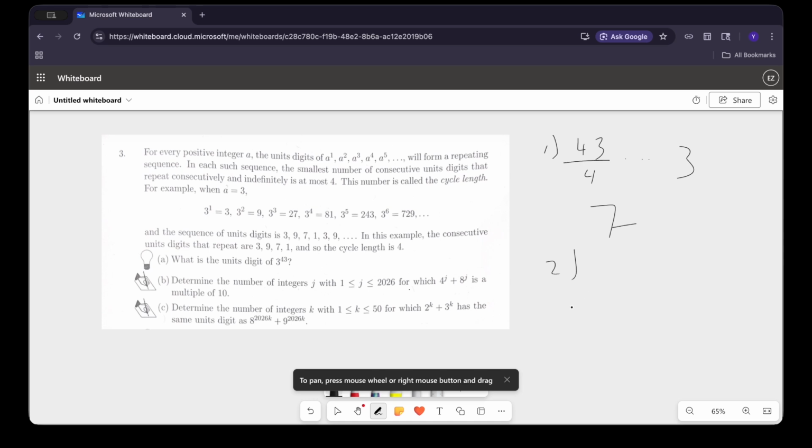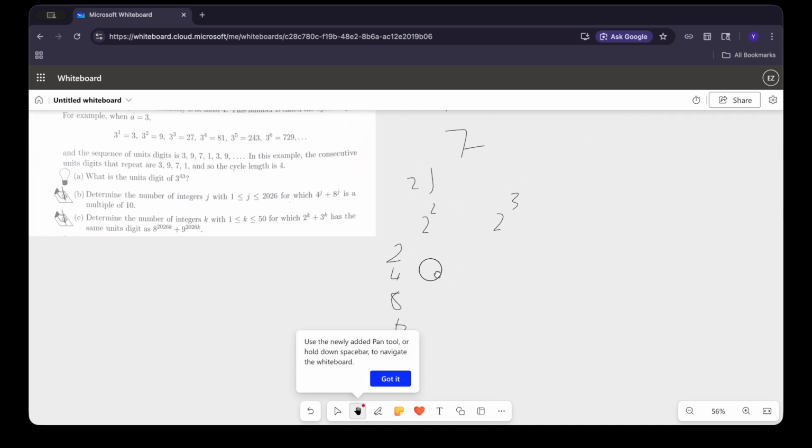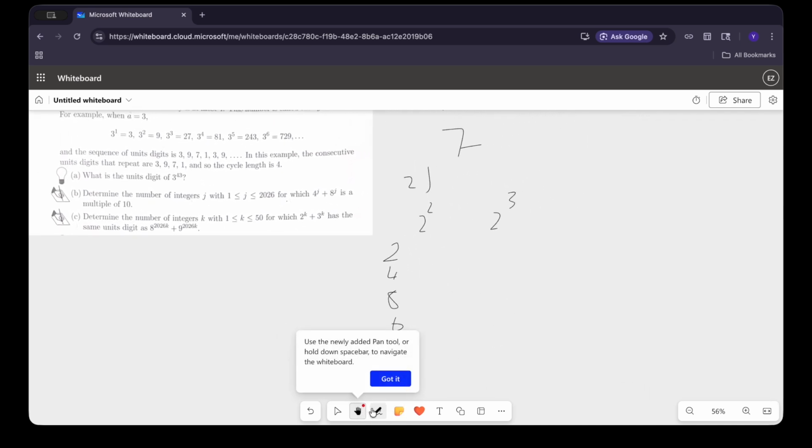The first thing first, we factor out the 4 and 8. So 4 is 2 to the power 2, and 8 is 2 to the power 3. And the second thing is the cycle for 2. We find out it is 2, 4, 8, 6, and it's also a cycle length of 4.